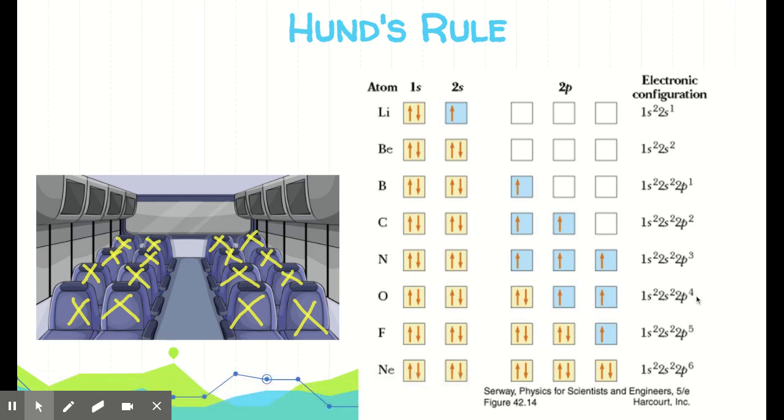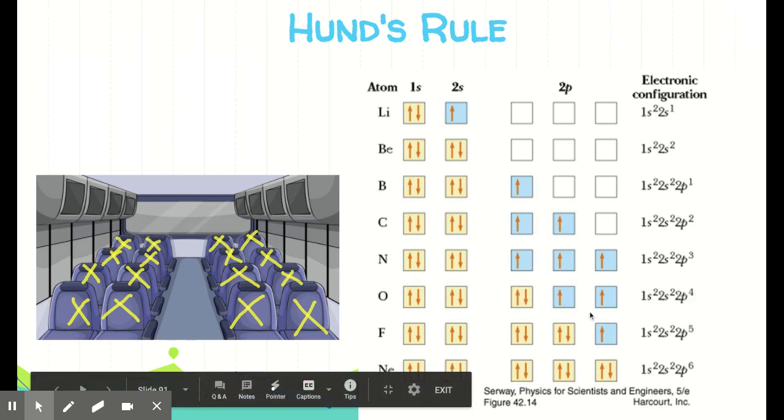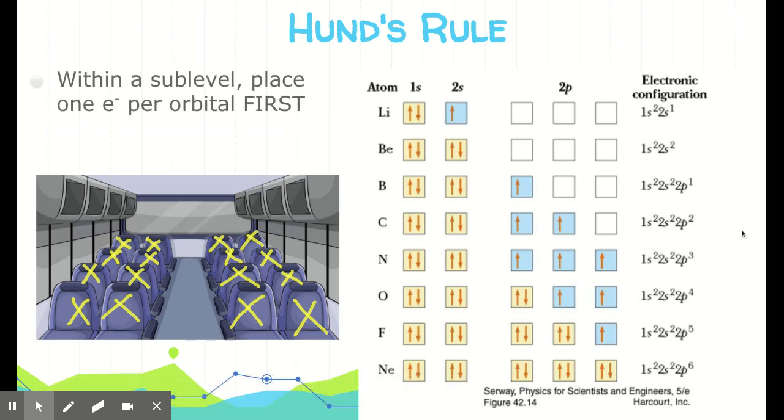We know that we're only going over 4 places, meaning that there's only 4 electrons in this outer orbital. So you're going to have an up, up, up, and then you would come back in and put it down. You would not have an up and a down and an up and down here with this one blank. You will put one in each spot before you start filling them back up.